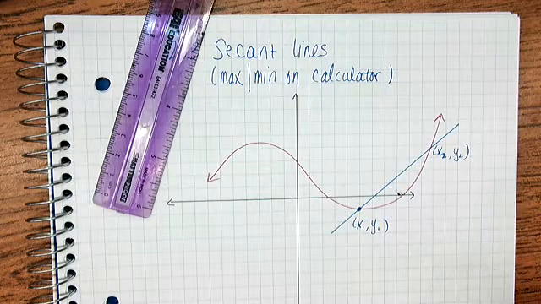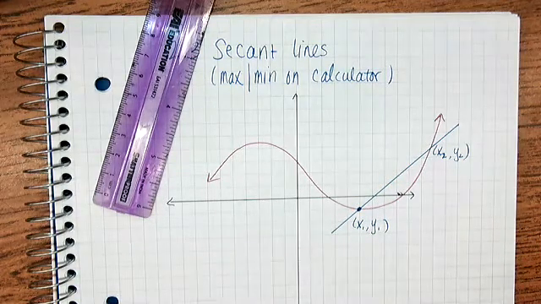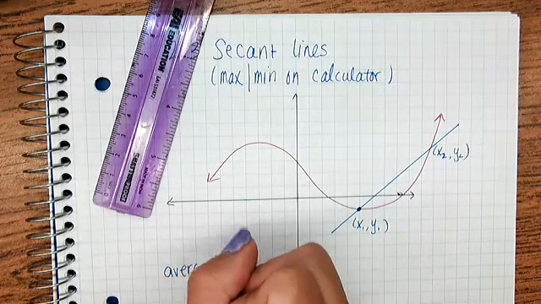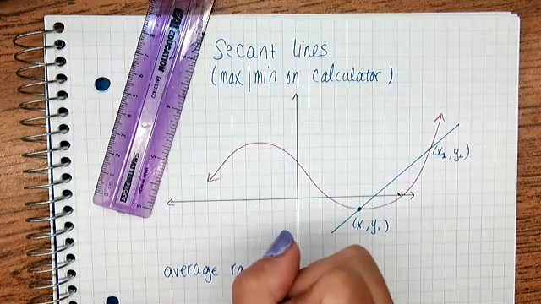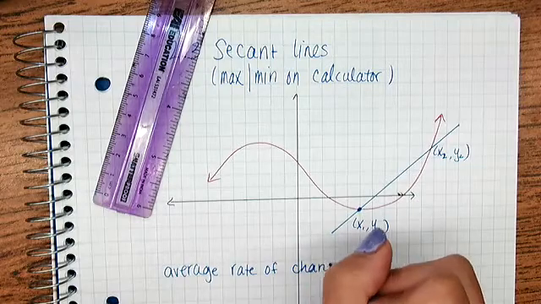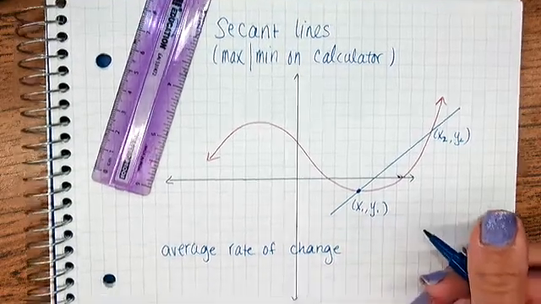And if I want to talk about the rate of change, you should also know that's the same thing as the slope. Average rate of change is the equivalent to the slope.